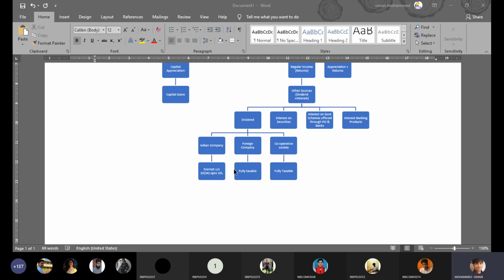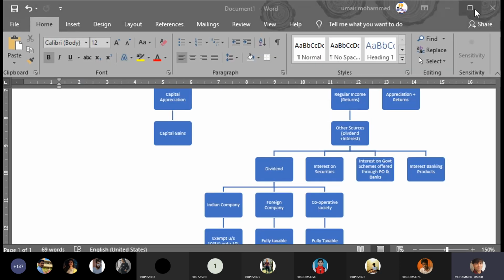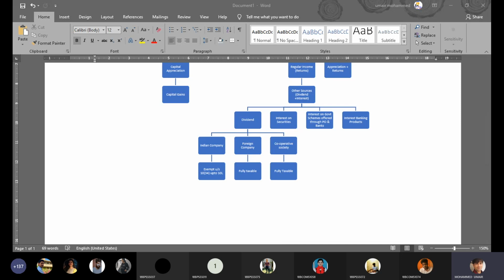So when we discuss interest on securities, we are discussing basically the taxability of interest received on bonds and debentures. If you have invested your money in bonds and debentures and you're earning interest on them, how will it be taxed is what you have to learn, for which you have to remember this chart.